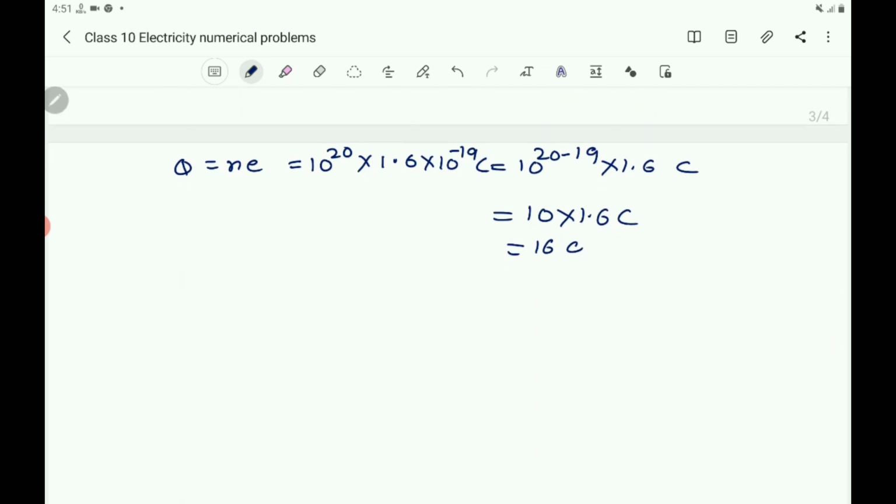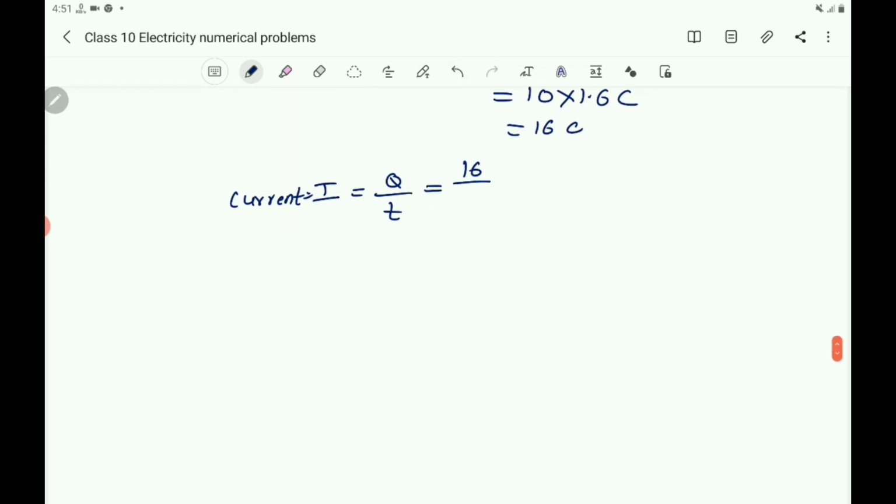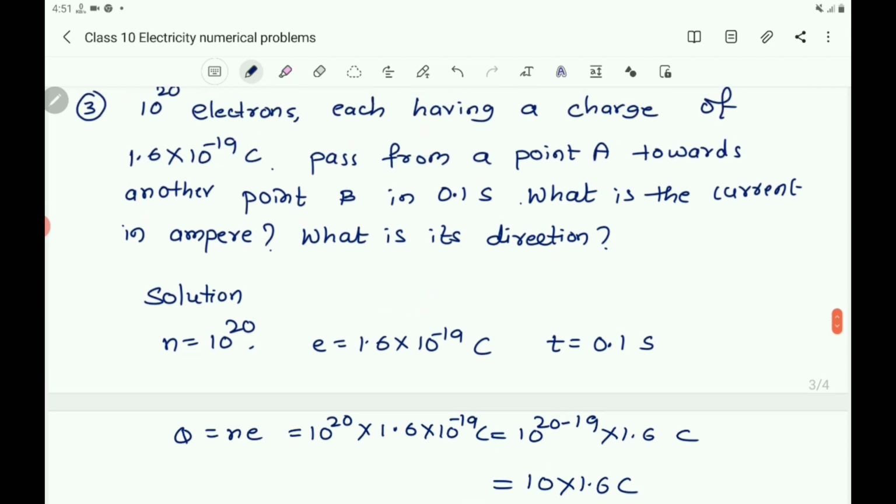Then the relation, current I equals Q by T. Q equals I into T and I is equal to Q by T. Q you got 16 C, and T is 0.1 second.